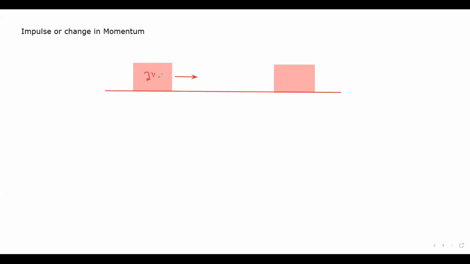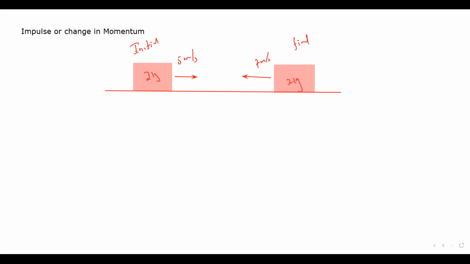An object of mass 2 kilogram is moving with 5 meter per second. Now it reverses or changes direction, and now it is moving with 7 meter per second. This is the initial, the start, and this one is the final.